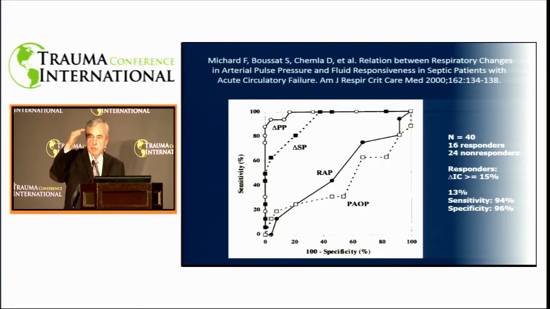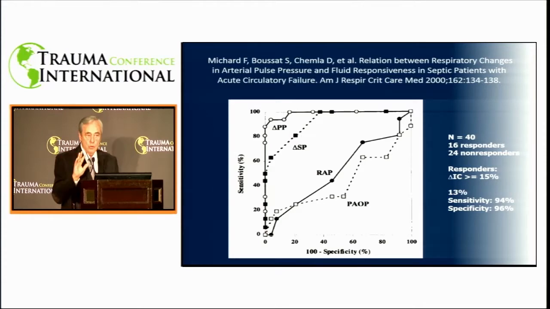But it turns out that the measurements of the variations in blood pulse pressure in sedated patients is a good indicator as to who is going to be able to respond to volume and who won't. But not all patients are in this clinical condition: sedated, relaxed, receiving controlled ventilation.